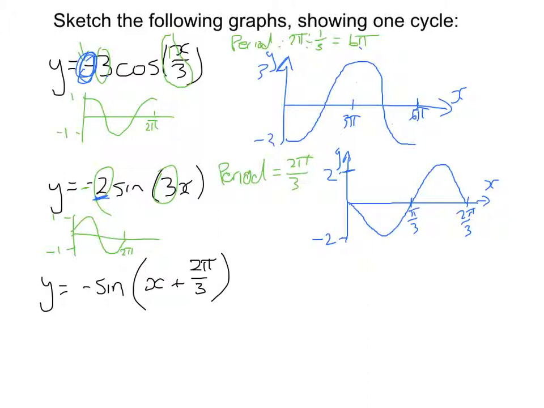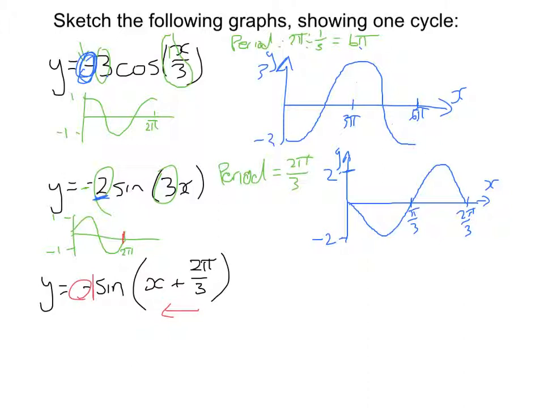Now the next one, again we have a reflection in the x-axis, so flipped upside down. The amplitude will remain as 1, but this tells us that it's going to be shifted to the left by 2 pi over 3. So again, we've got our little copy of the sine graph there.